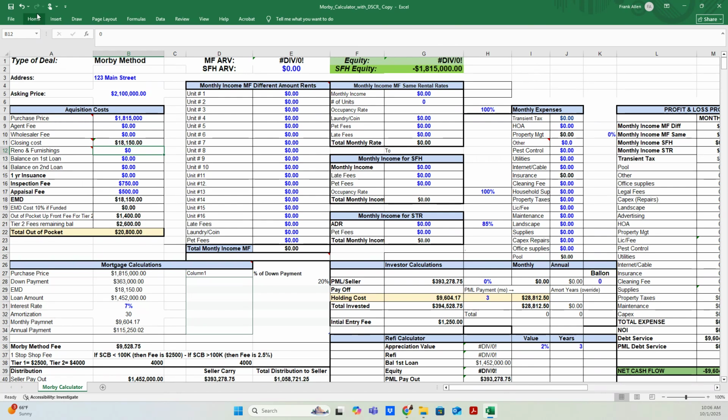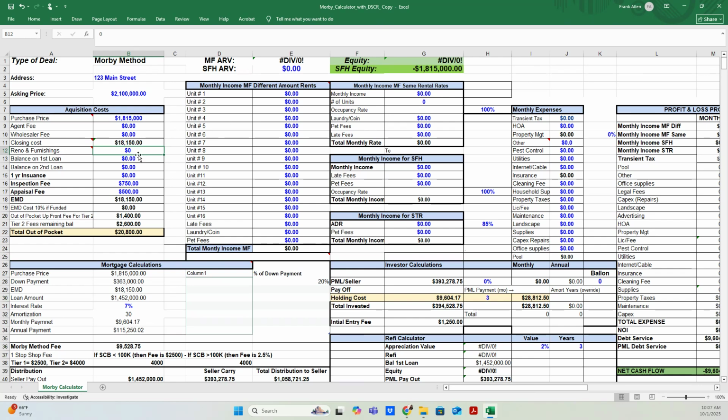If you mess it up, just click the back button. If that doesn't work, you can exit out and say don't save. Or if you totally mess it up, just reach back out to me and say, hey, Ray, can I have another copy? Yeah, no problem.